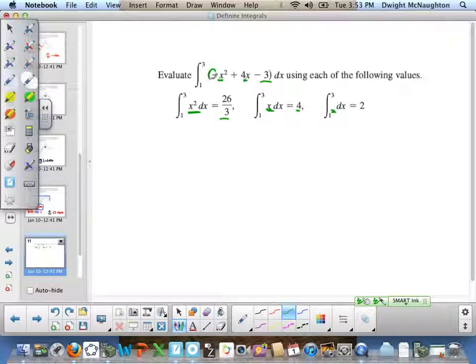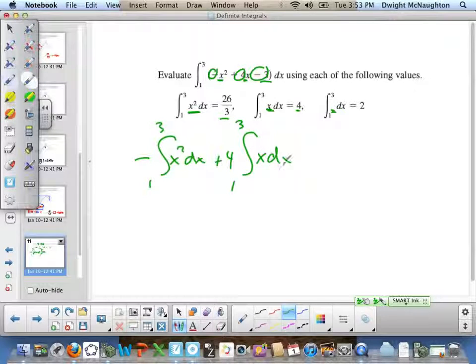We got constants there, so we're going to pull those out. And what we get is negative from 1 to 3, x squared dx, plus 4 antiderivative from 1 to 3 of x dx, minus 3 times the antiderivative from 1 to 3 with respect to x.